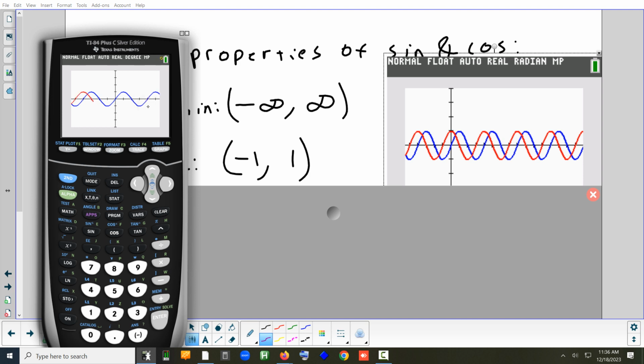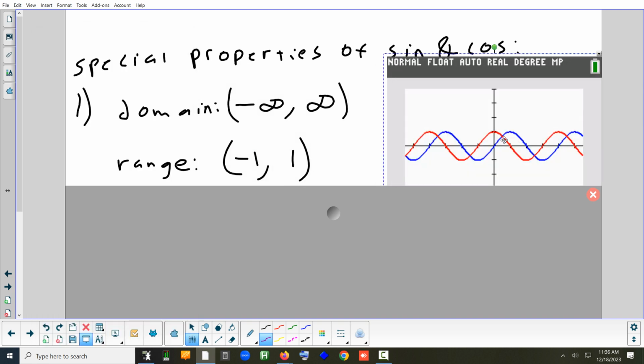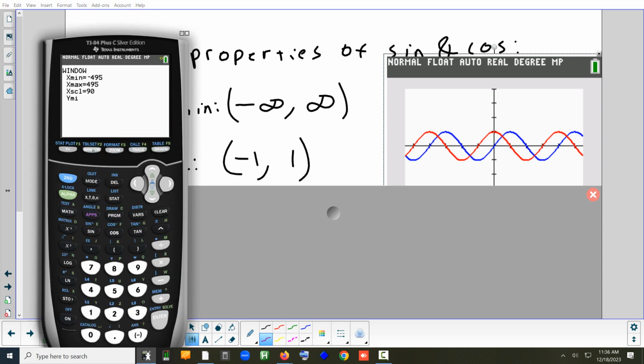If you shift the graph of sine or cosine exactly 1 tick mark, it would line up with the other one. That's what I mean. Can you see how if you shifted it 1 tick mark, it would line up? Yeah, and each tick mark represents 90 units. And how do I know it represents 90 units? Because it says the x scale is 90. So each tick mark is 90.